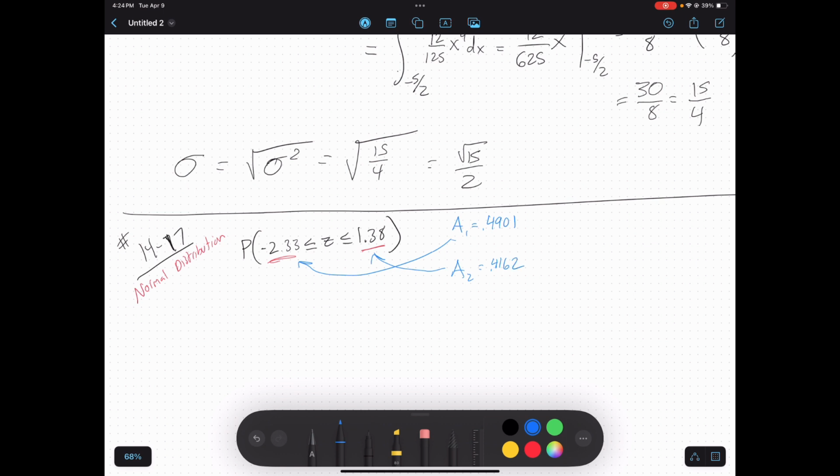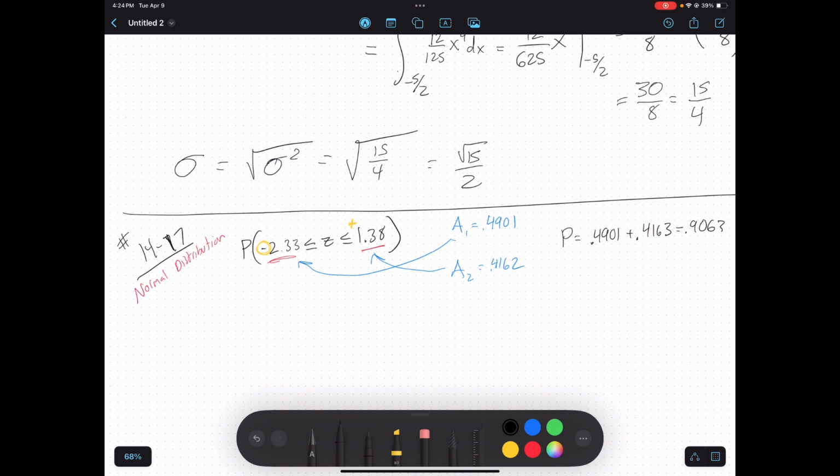Once you get both of those values, all you have to decide is, okay, am I going to add these two together or am I going to subtract them? And for this problem, because one of them's negative and one of them's positive, I'm going to add these together. I'm going to do 0.4901 plus 0.4162.